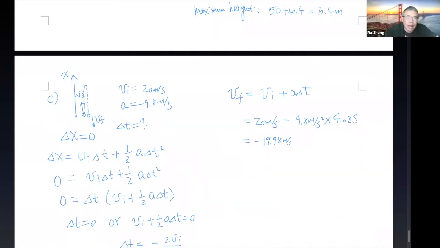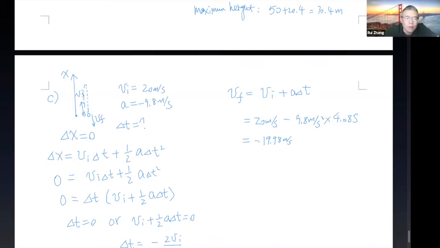There's a reason for that, but that reason is pretty deep. We will talk about the reason in chapter 5, I think. For now, you just need to understand this motion, free fall, throwing something upward, going up and coming back down. It's symmetric. It takes the same amount of time to go up and the same amount of time to go down, and the velocities are pretty much the same except for the sign.